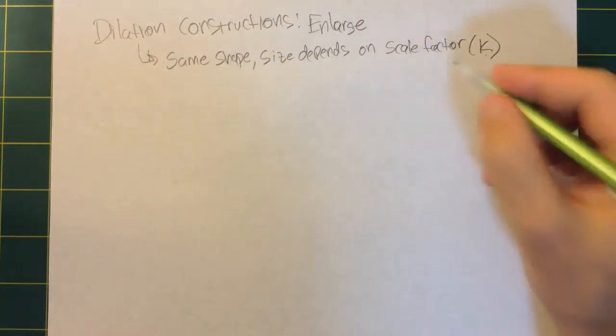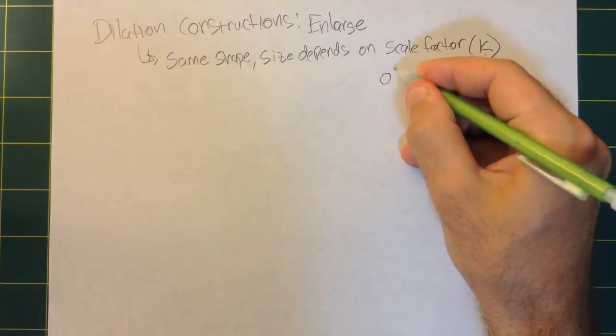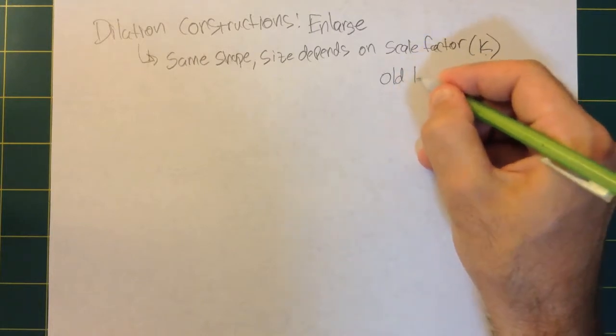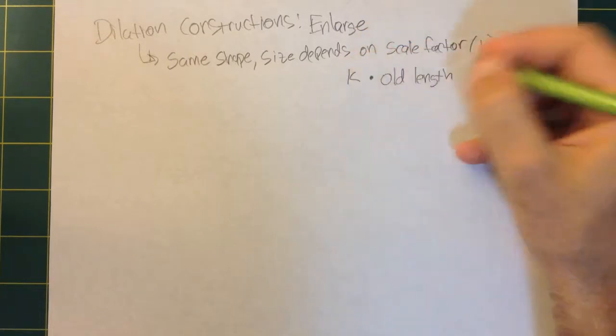Let's think about what numbers would produce various results. If we want to get our new length, we're going to take our old length and multiply it by the scale factor.